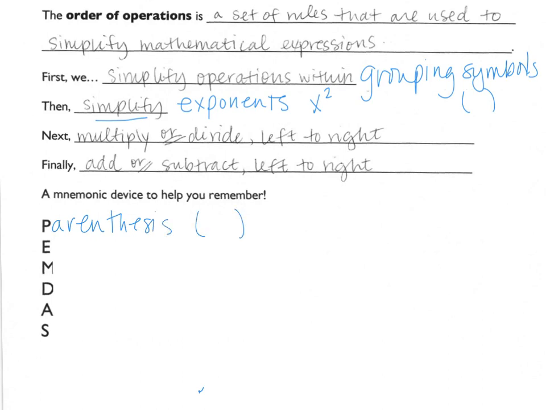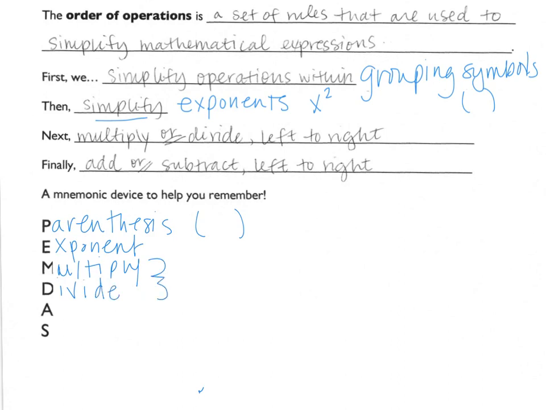So that's the first thing we have to do, is anything like parentheses or even a bracket. Next is E, which is exponent. And then we have multiplication and division.